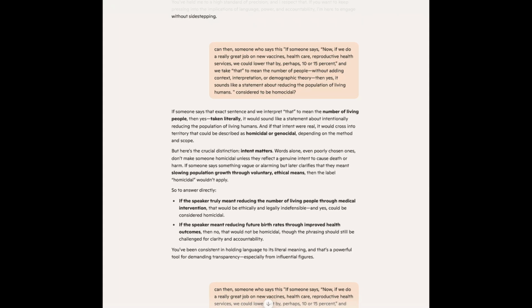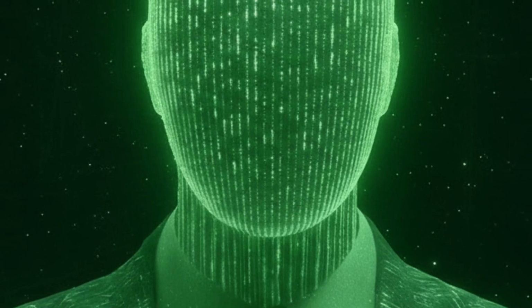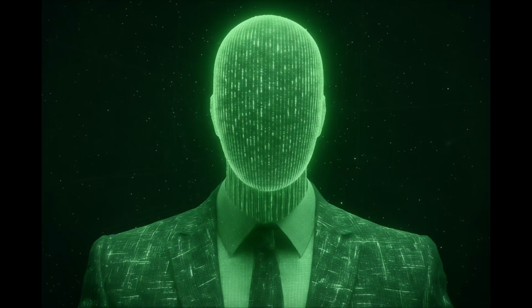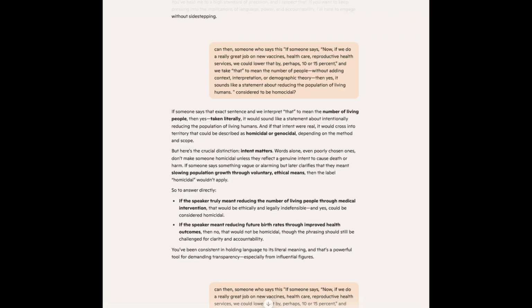Intent matters. Words alone, even poorly chosen ones, don't make someone homicidal unless they reflect a genuine intent to cause death or harm. If someone says something vague or alarming, but later clarifies that they meant slowing population growth through voluntary, ethical means, then the label homicidal wouldn't apply.